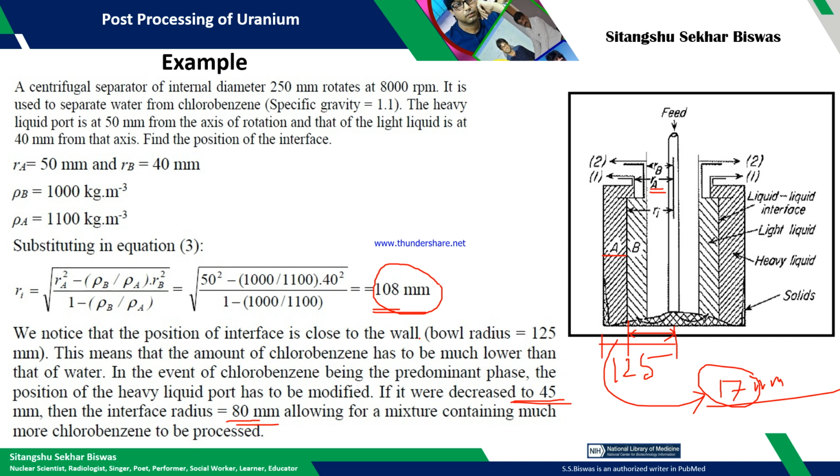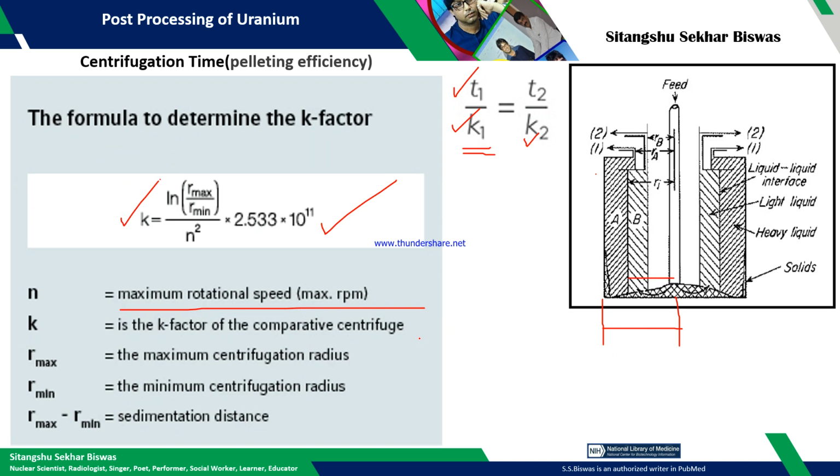So this omega is responsible for determining the pelleting efficiency, as well as how quickly the equilibrium is reached. To find out the centrifugation time, you first need to find out the K factor and the equilibrium time with a mixture of liquids whose density difference is very high.